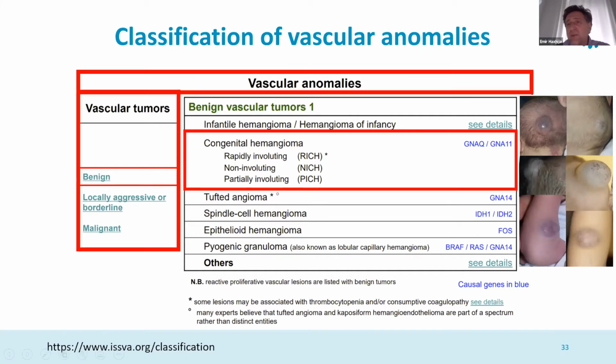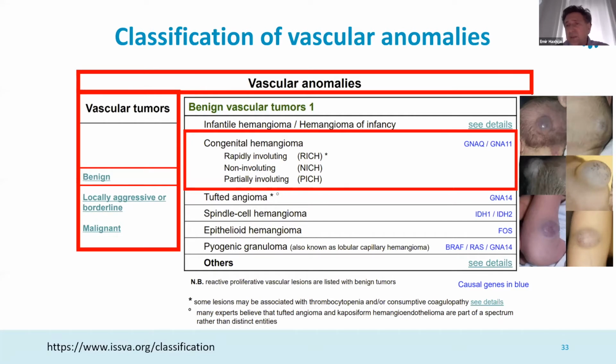In the case of rapidly involuting congenital hemangioma, the picture on the top, you actually do not need to do anything because it disappears by itself. We just have to know that some of these rapidly involuting congenital hemangiomas could grow postnatally, and they could be associated with some consumptive coagulopathy and thrombocytopenia.